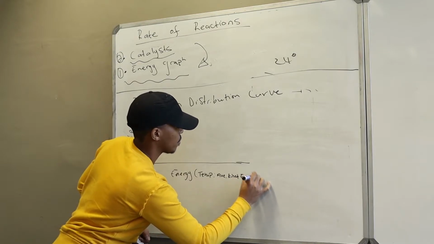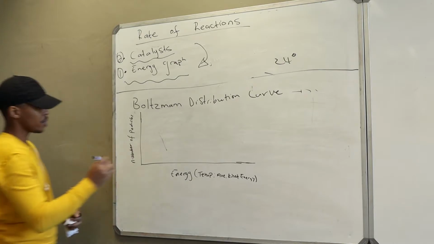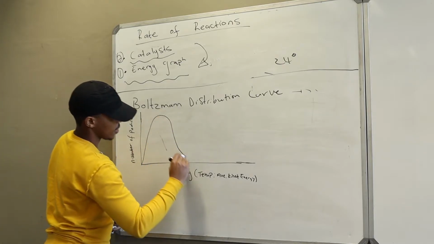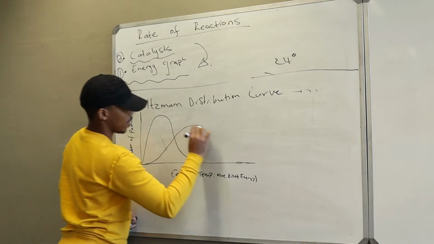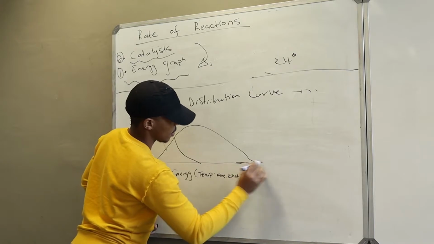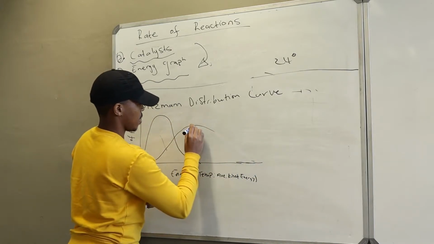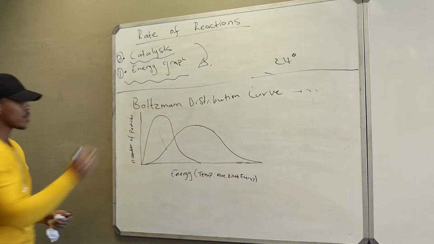We have a first curve that goes like that, and then another curve that goes like that. Let me draw that properly. It goes like this. Okay, good.